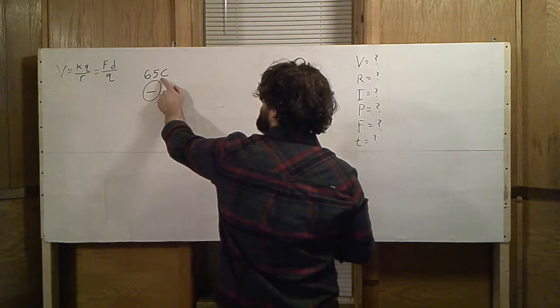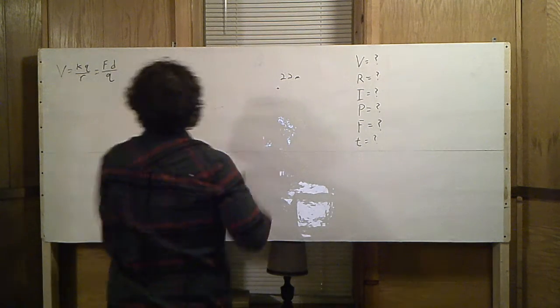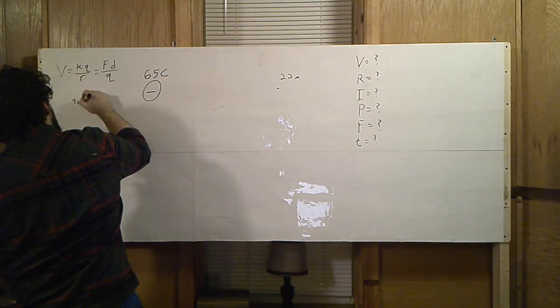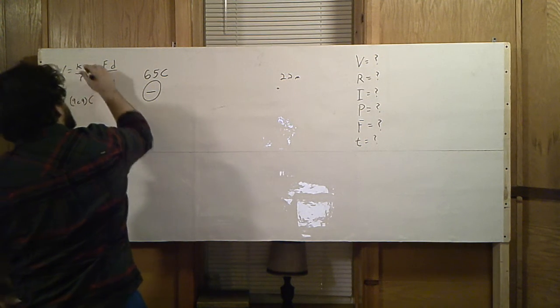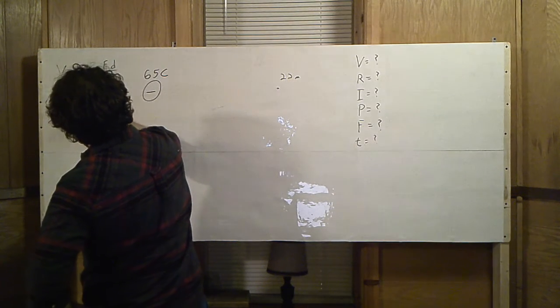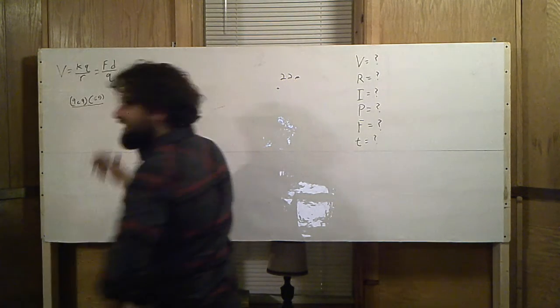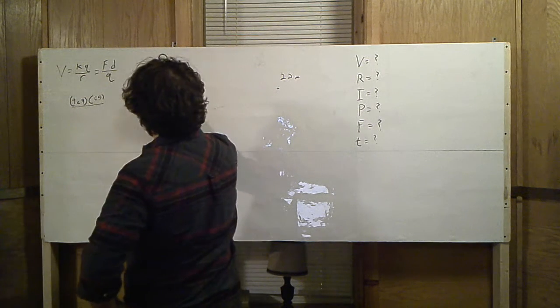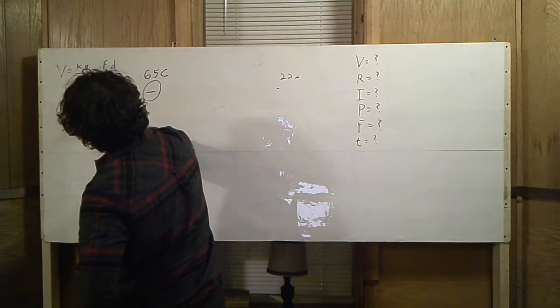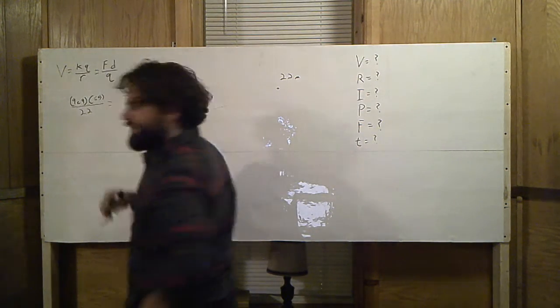Well, we've got Q, we've got r. So our k is going to be 9E9, like always, times the Q of 65 coulombs. Remember, voltage is a scalar quantity, so it doesn't matter if this is negative or positive. And then 22 meters. Then let's calculate that.